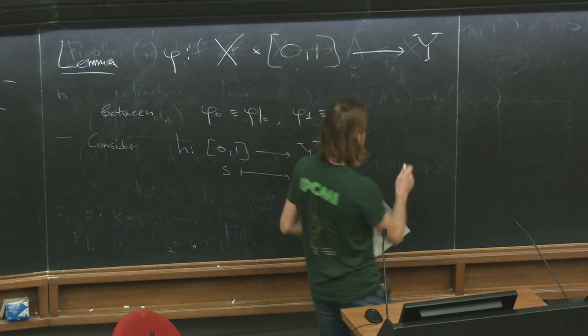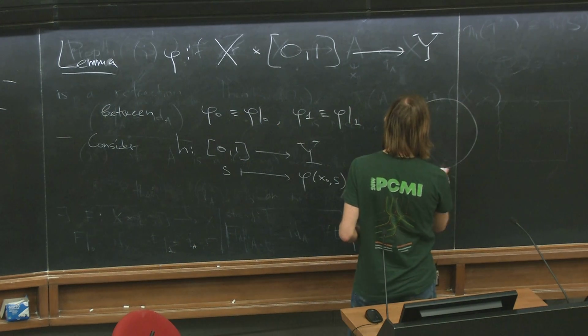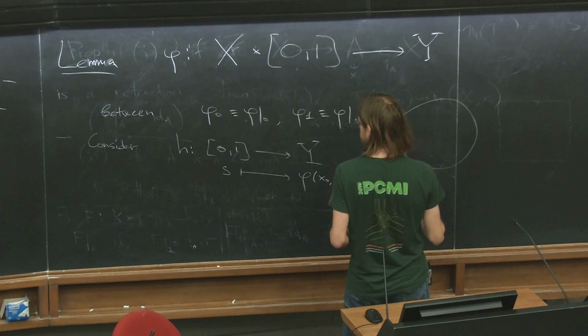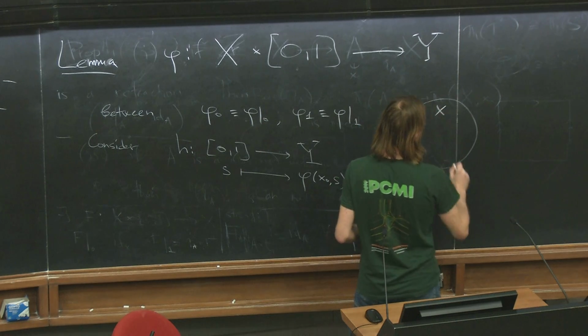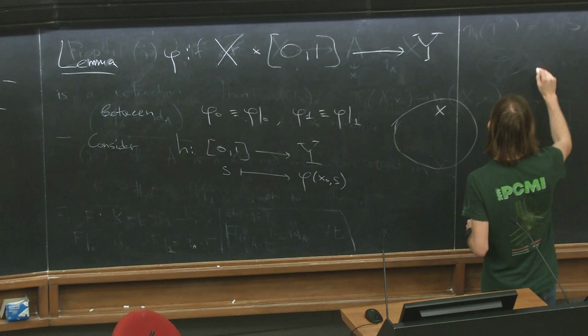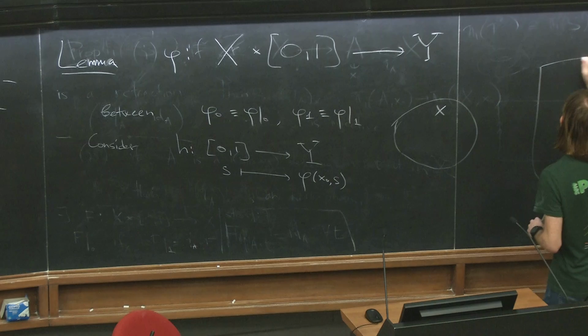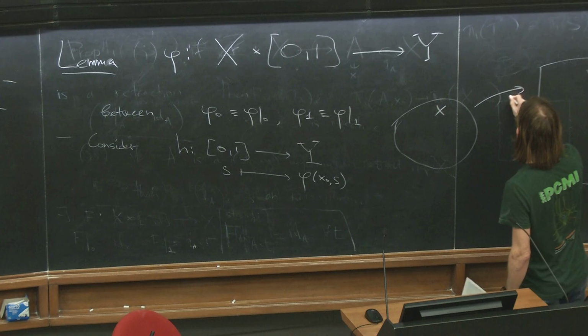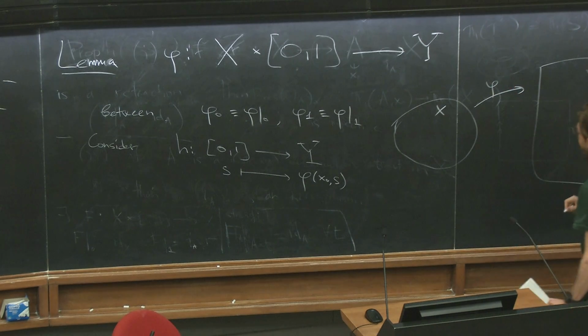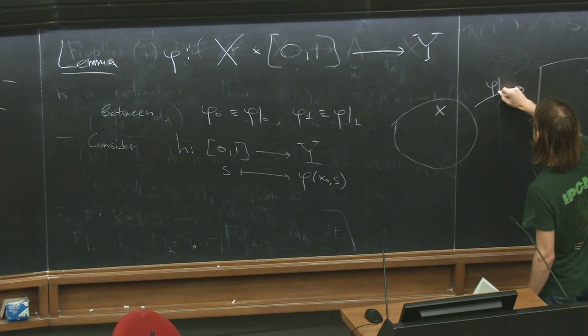Let me draw it here. How do you see this? We have some space X, some space Y, and phi restricted to t.